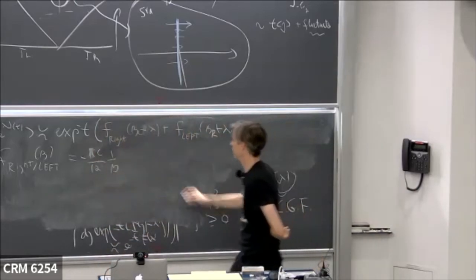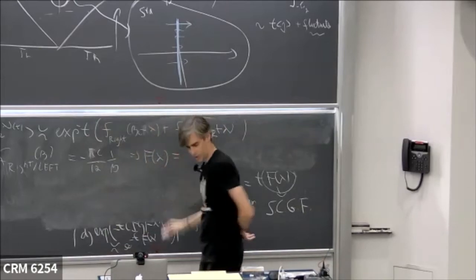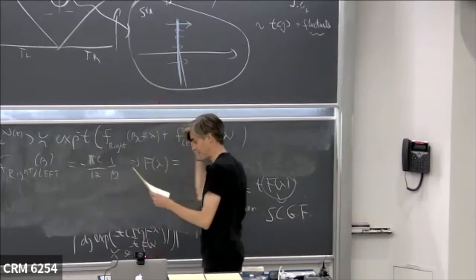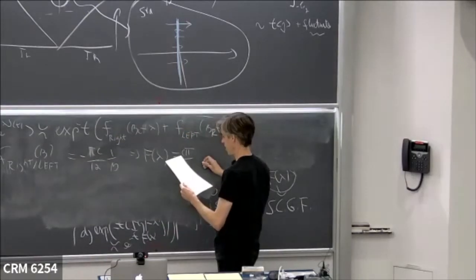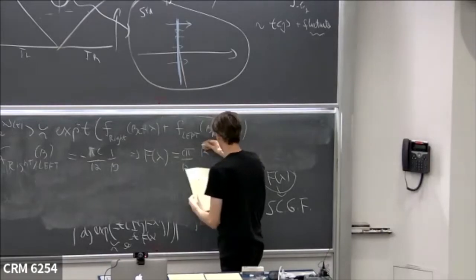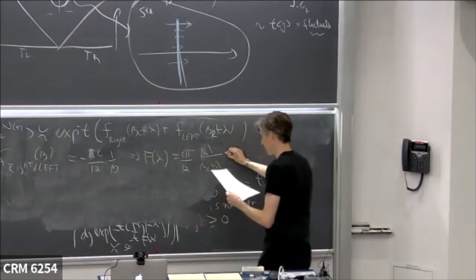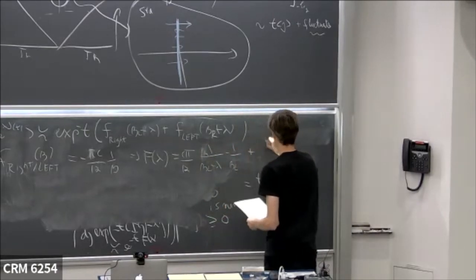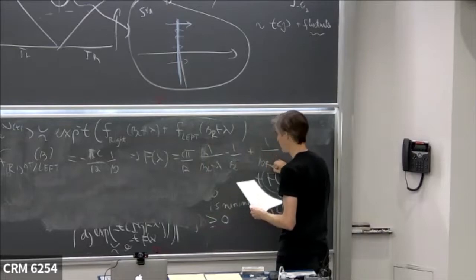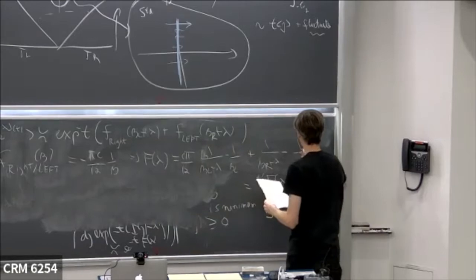You put that in here. What you find then is F of lambda is just, now put all the factors together correctly, c pi over 12 times 1 over beta left minus lambda minus 1 over beta left plus 1 over beta right plus lambda minus 1 over beta right.